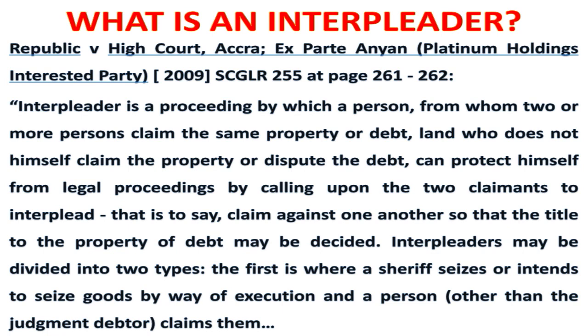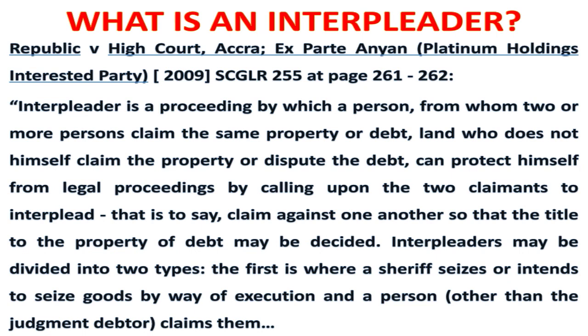And the judgment creditor is saying that no, it rather belongs to the judgment debtor. That is why the vehicle was seized. In effect, there are different people laying claim to the same property. Now, the one who has control over the vehicle, who is the registrar, does not have any interest at all. The registrar is not saying the vehicle belongs to him.